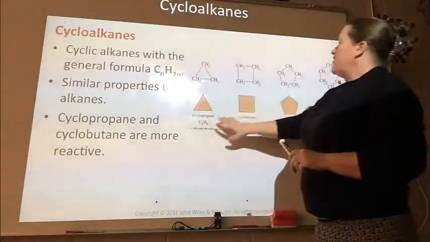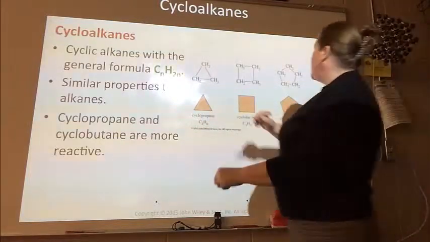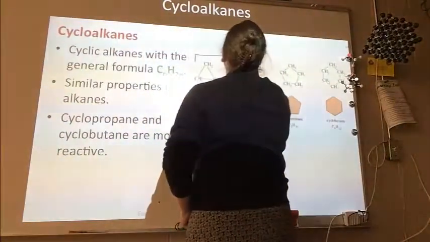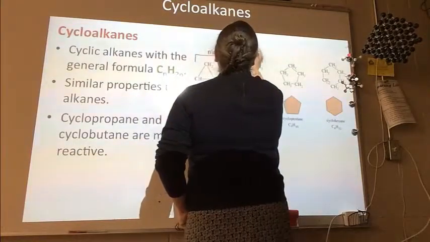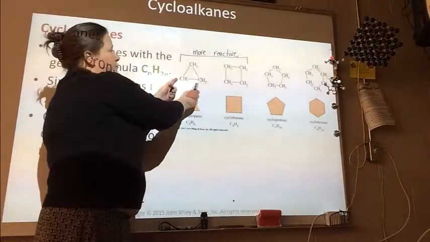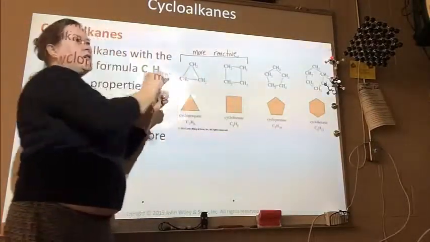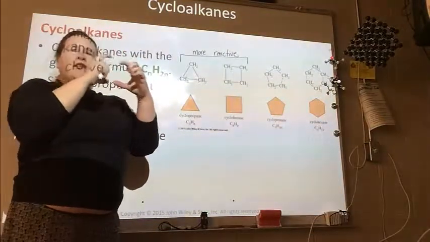Now, cyclopropane and cyclobutane tend to be more reactive. And the reason is that having 3 carbons or 4 carbons in a circle like this is really not very stable.